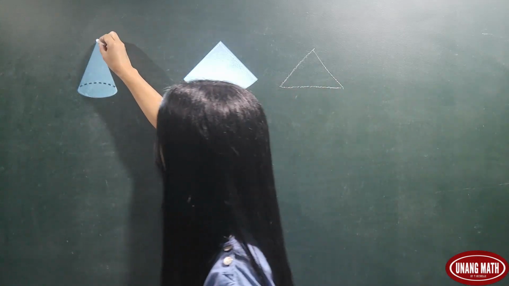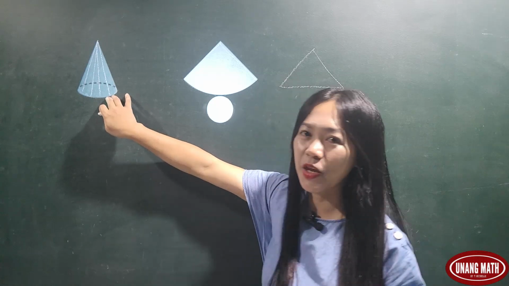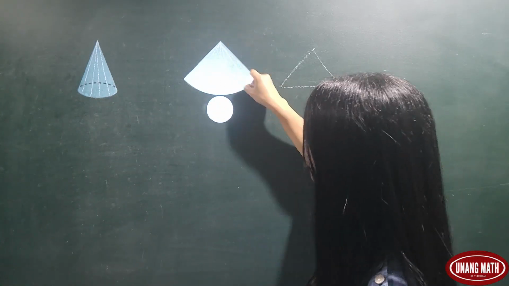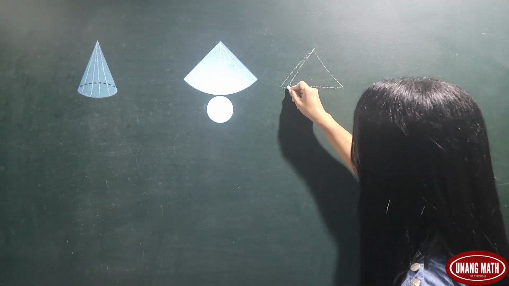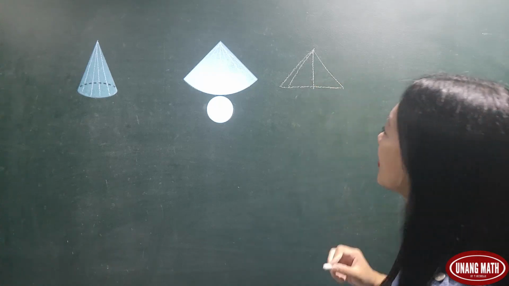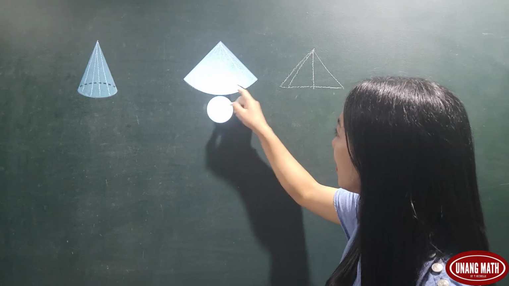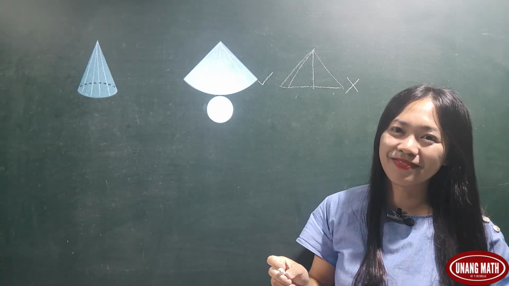If you recall the topic about generatrix, these lines are equal in measure. In the case of a triangle, this line is longer than this line. That's why the lateral face of a cone is a sector and not a triangle.